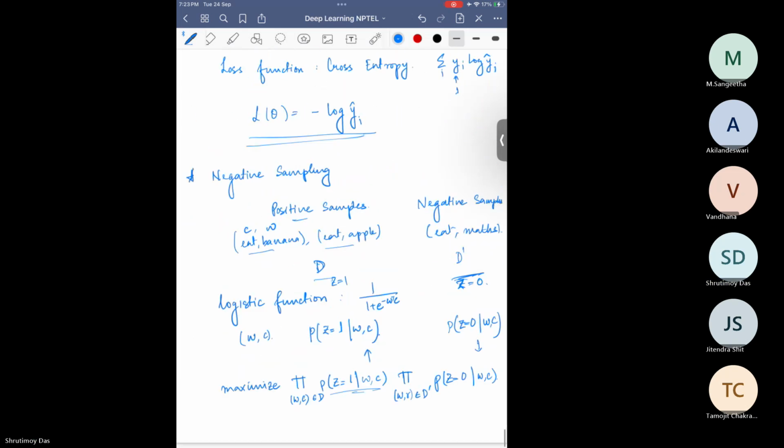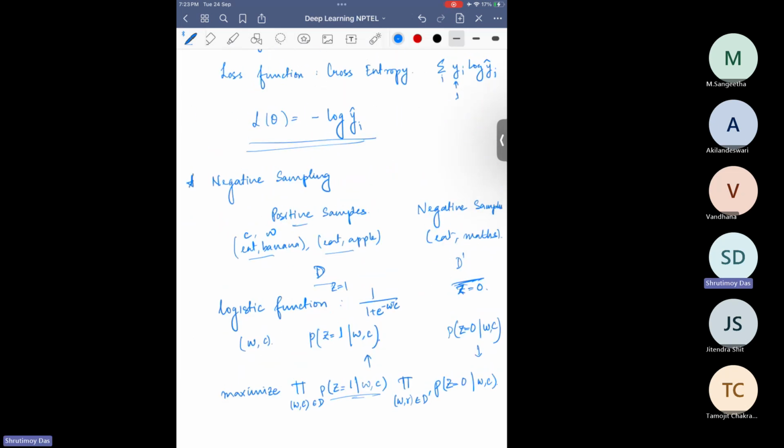So this is much faster. The concept of negative sampling is clear, right? It helps to speed up your process. Is there any doubt?